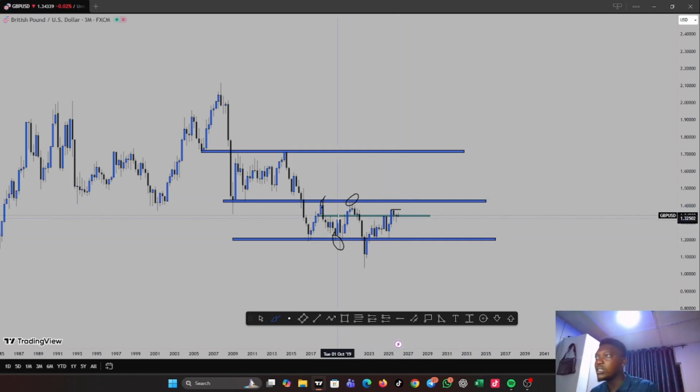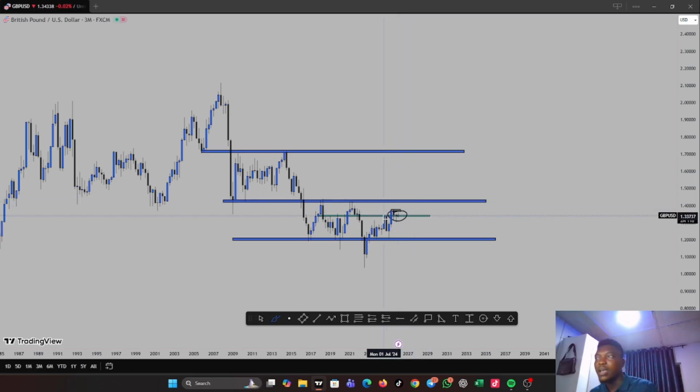So on a short-term base, price is looking like a buy, but long-term, the market is trending. So we can still look for opportunity to capitalize on a buy movement at this region before we get to this major zone right here.